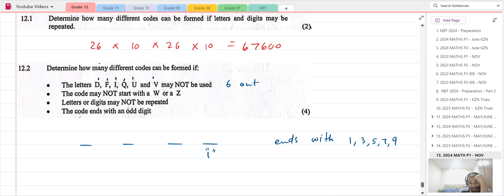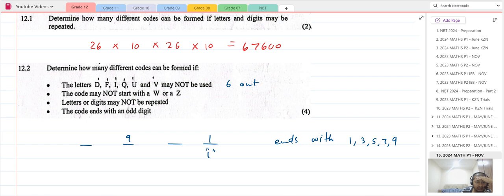If it ends with a 1, then I can't use a 1 here. So I've got 9 options there, out of 10. I've only got 9 options there.